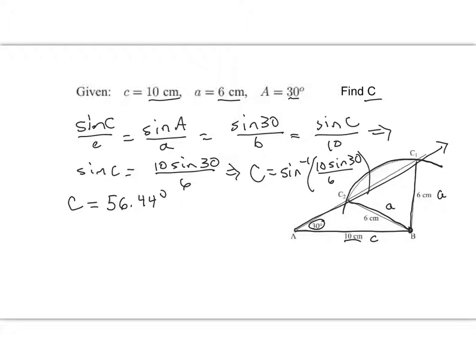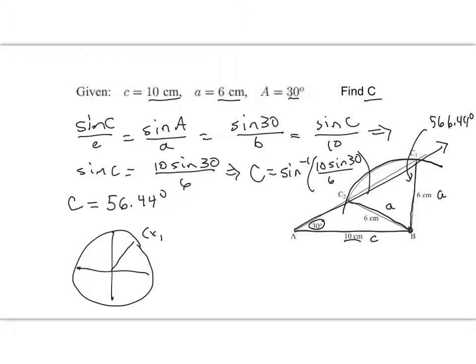Now, if it's true that I possibly have two triangles for angle C, we're going to call this 56.44 degrees. How would I find the other value? Well, if I look at the unit circle and I draw roughly a 56-degree angle here, sine is the y value, and it's positive in quadrant 1.